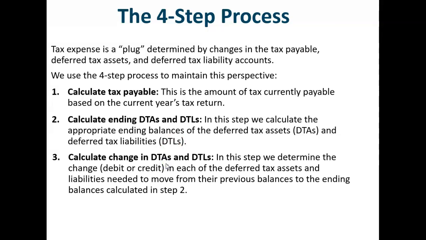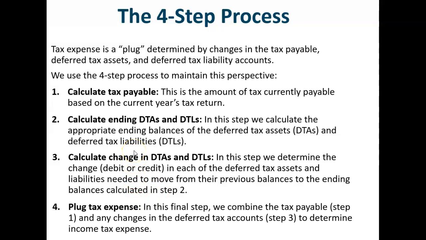Third, calculate the change in the DTAs and DTLs, and I emphasize the word change. In this step, we determine the change, which will be a debit or credit, in each of the deferred tax assets and liabilities needed to move from their previous balance to the correct ending balance calculated in step 2.